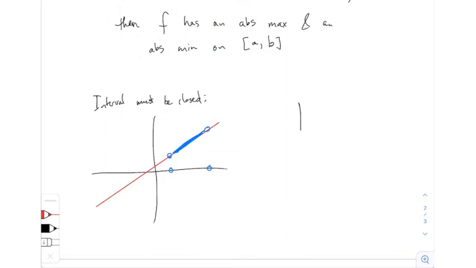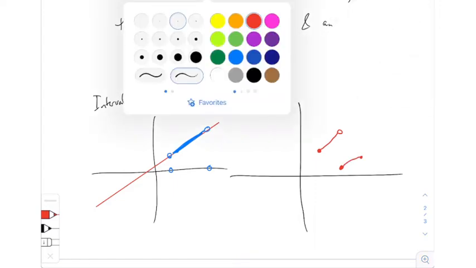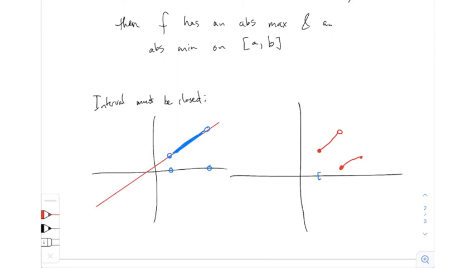Here's an example of a function which is not continuous. Even if I look on a closed interval, let's say from here to here, if the function does something like this, on this closed interval, even if I focus just on this interval here, so the blue part is really all of it.